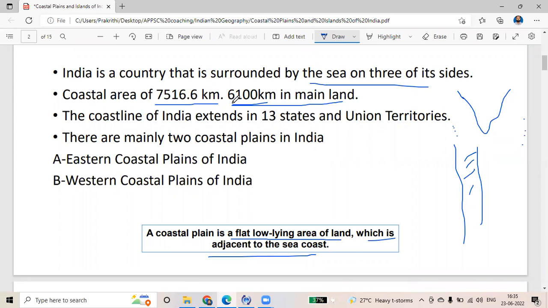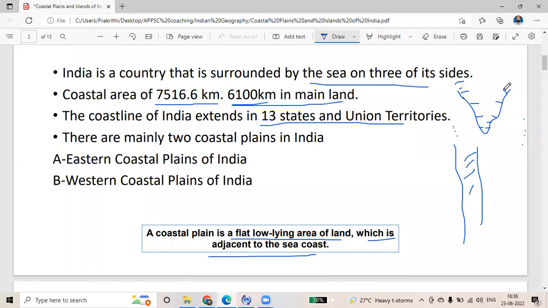The coastal area extends up to 13 states and union territories. So if you take from here, we have Gujarat, Daman and Diu here, then Maharashtra, then Goa, Karnataka, Kerala, Tamil Nadu, in between that Pondicherry, then Andhra Pradesh, Odisha, and West Bengal.